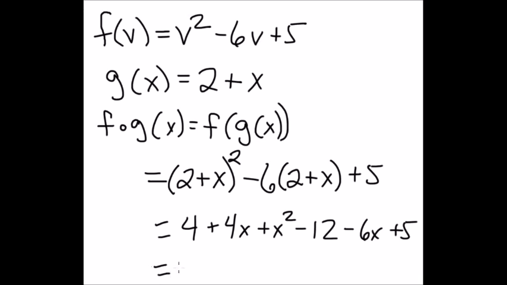You can combine your terms. You get x squared. Now I'm going to combine these two x terms. I'm going to have minus 2x, and then I'm going to combine my three integer terms. I have negative 12 plus 4 is negative 8 plus 5 is negative 3.